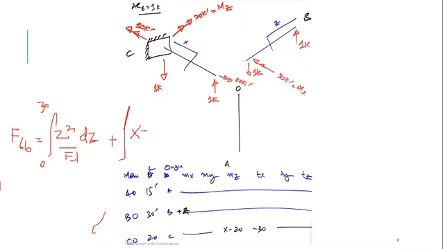Next, x minus 20. I'm finding F66. It means the AR6 moment table is multiplying with itself, divided by EI, dx, and the limit should be 20.